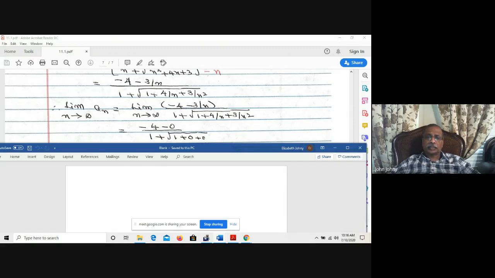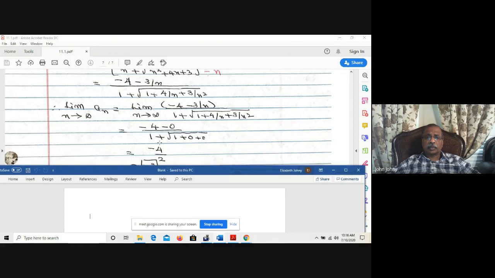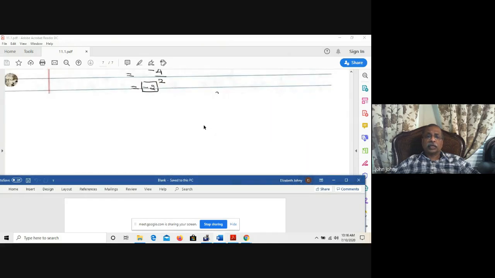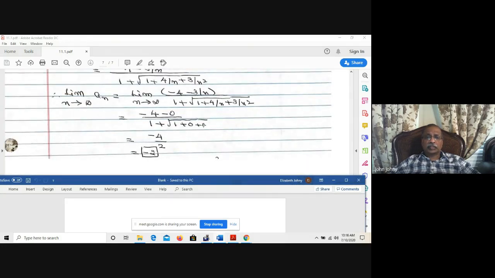So the answer is negative 4 minus 0 divided by 1 plus the square root of 1 plus 0 plus 0, that is negative 4 divided by 2. 1 plus the square root of 1 is 2. Negative 4 divided by 2 is negative 2, and that is the answer. So the answer in that case is negative 2.